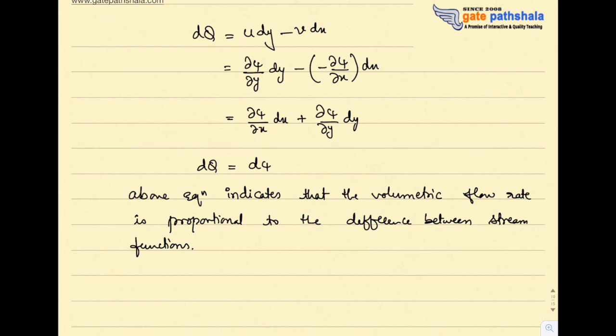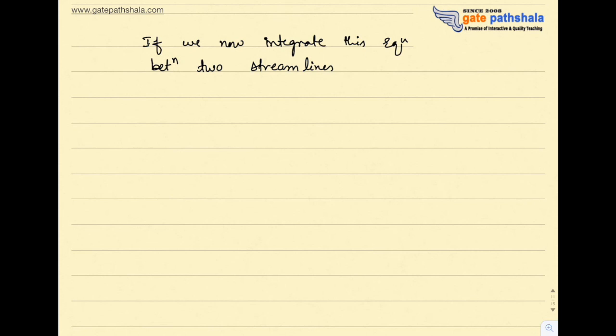So if we now integrate this equation which we obtained above between two streamlines, we have Q equals to integral from 1 to 2 of dQ is equals to, at streamline 1 I have stream function defined as psi 1, and along streamline 2 I have it defined as psi 2.